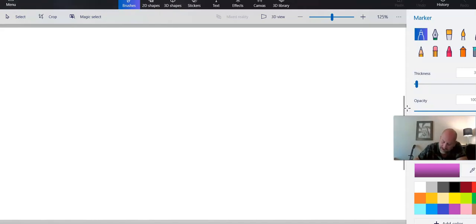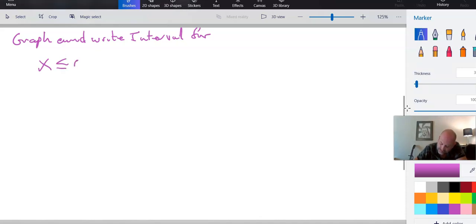So we want to graph and write the interval for x is less than or equal to 0, or x is greater than 3.